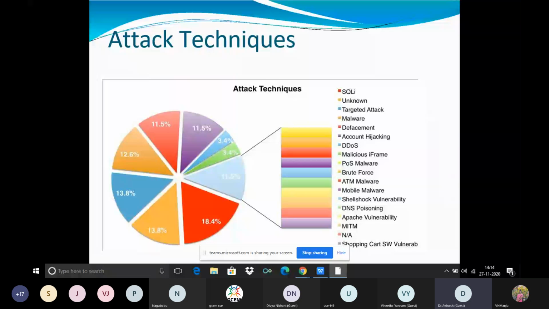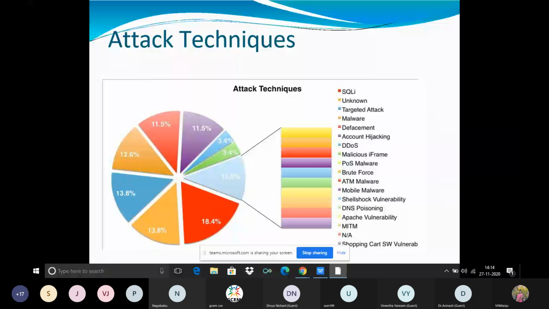For example, if two persons are communicating with each other, and the message which is sent from one person to the other has been disrupted, or if anything goes wrong with that particular message, then we can say that it is a MITM type of attack.